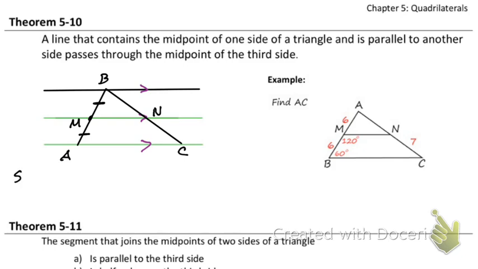Well, since AM is congruent to MB, and the 3 lines are parallel, what do we know about BN and NC then?